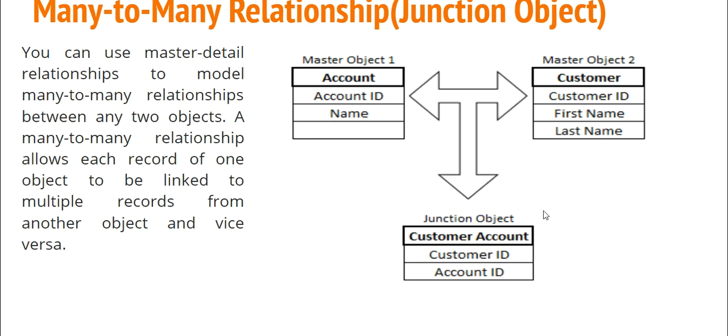Whenever we want to build a many to many relationship between two objects, we have to create another object which is called a junction object. On that junction object, we have to create two master detail relationships, and these relationships are created with the objects between which we want to build the relationship. So let's see how we can do all this.